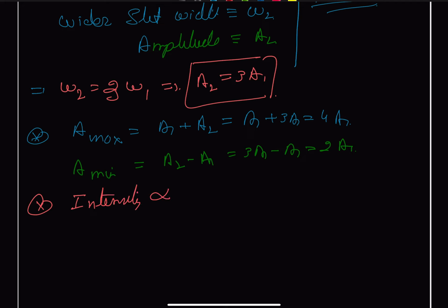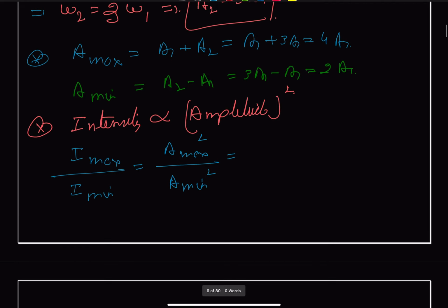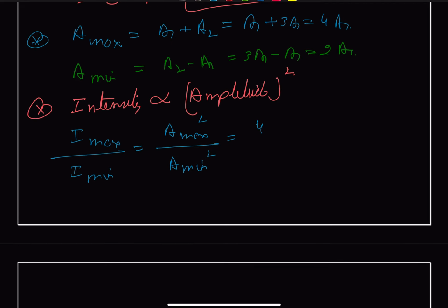Intensity is directly proportional to amplitude square. Therefore, we can write that Imax to Imin will be equal to A max square over A min square, and A max is 4A1, so this comes as 4A1 divided by 2A1, whole square.